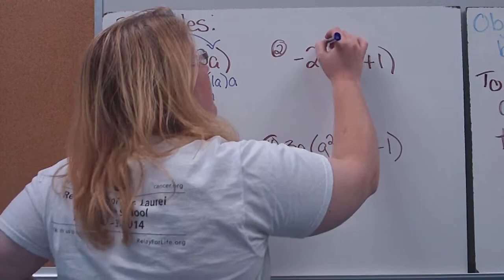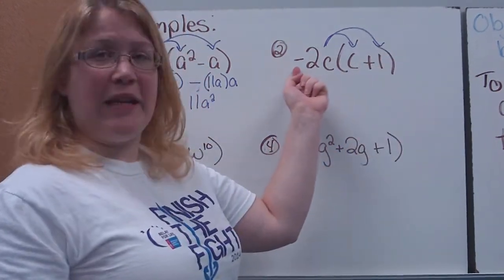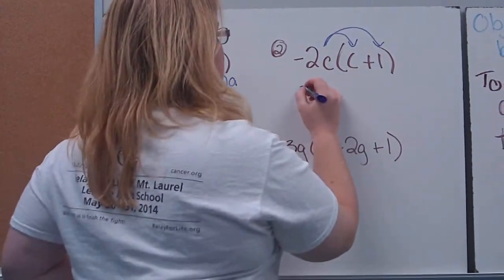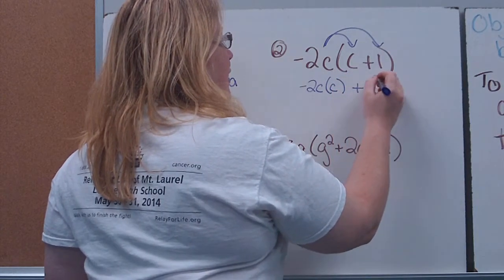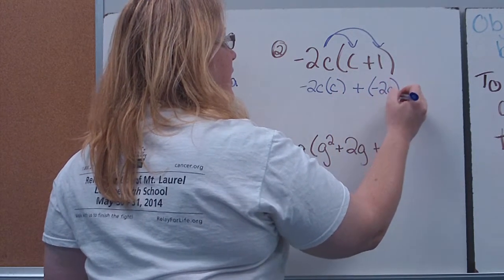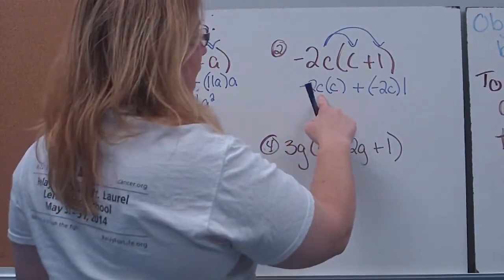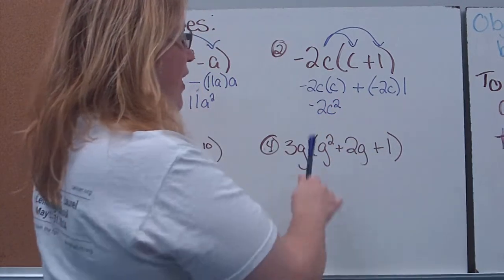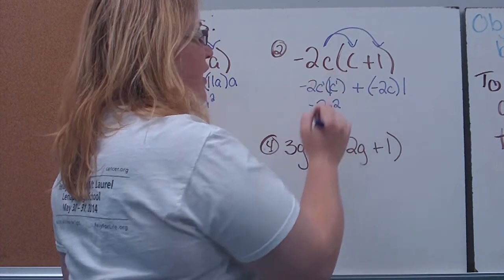All right, here again we're going to distribute. The important thing here is to pay attention to your sign because this is negative, so it's going to flip the signs as I multiply. So what I'm saying is I have negative 2c times c plus negative 2c times 1. So again, c to the first and c to the first gives me c squared. Remember, there's an implied 1 here, there's an implied 1 here, and here.